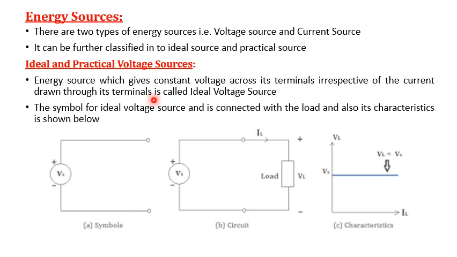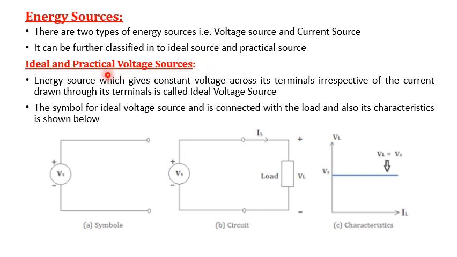There are two types of energy sources: one is the voltage source, and the other is the current source. We can further classify them into ideal source and practical source. That means ideal voltage source, ideal current source, practical voltage source, practical current source.